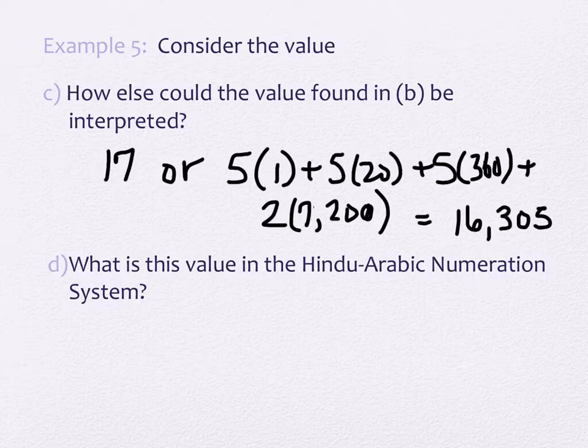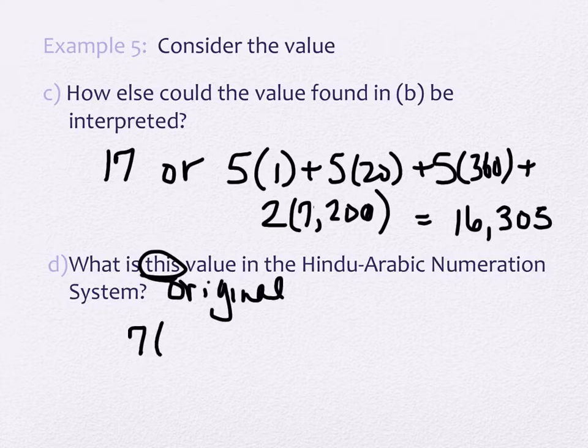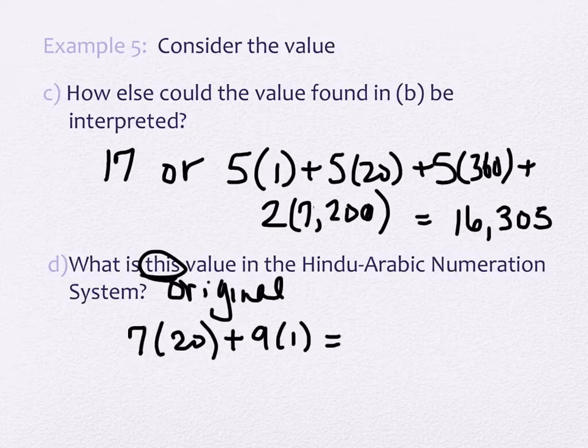All right. Let's actually figure out what the value in Hindu Arabic of the numeral would be. So this value, the original value is what I'm talking about. The original value would have been 7 in the 20s place and 9 in the 1s place. That's how we originally interpreted it, right? 7 in the 20s place, 9 in the 1s place for what total? 149.